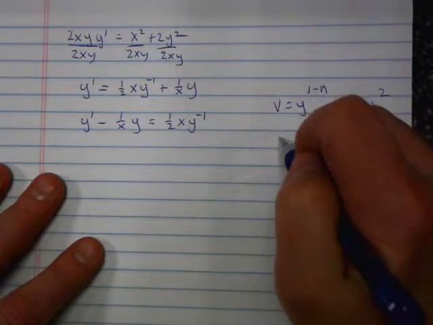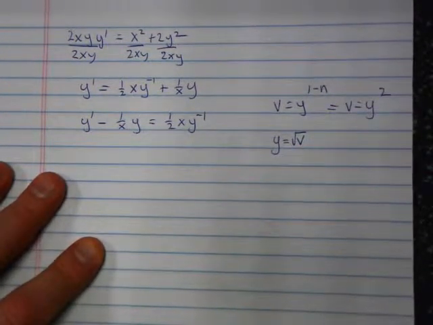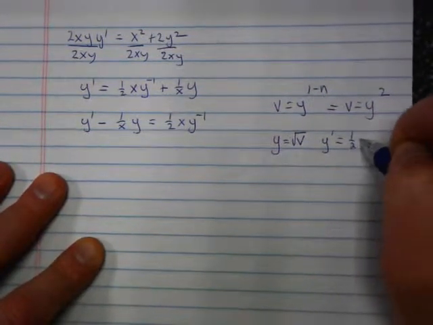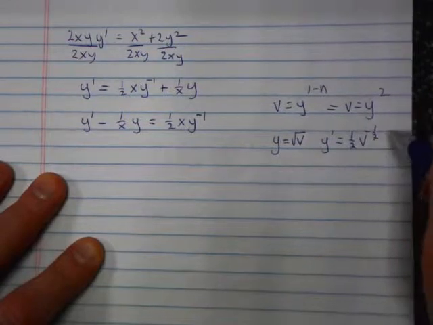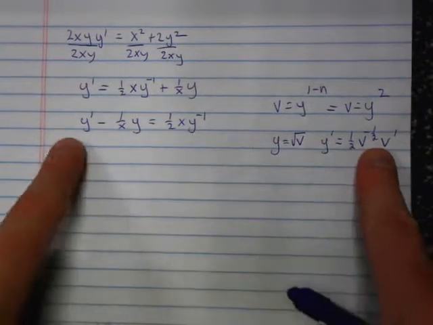Which gives us y is the square root of v, and y prime is 1/2 v to the negative 1/2 v prime. I'm pretty sure I know which one's easier now. So I make those substitutions. I plug in for y prime over here.